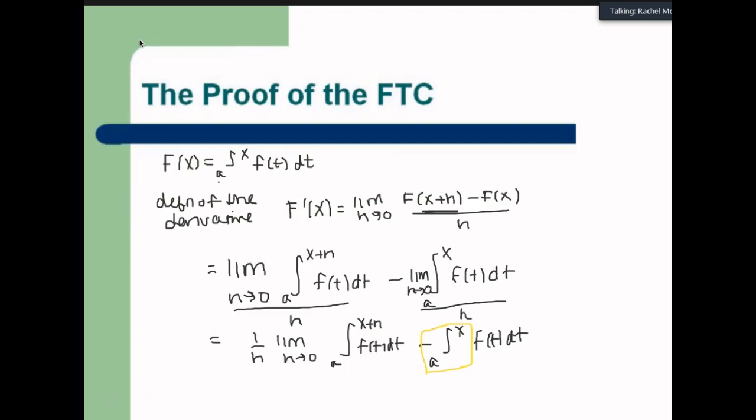You have very many options. If I multiply this by a negative, I now have 1 over h, limit as h approaches 0. I took the negative of that, so that made it x to a.